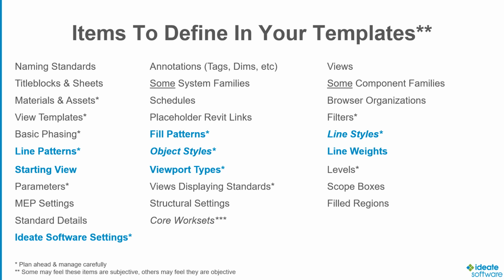But one of the things I want to point out about having placeholder links is you can essentially create a series of dummy Revit files, maybe one for mechanical, one for electrical, plumbing, structural, landscape, whatever it may be. And then you go in and link those up into your templates, and then you can set up some of the visibility settings and how you want them to behave.